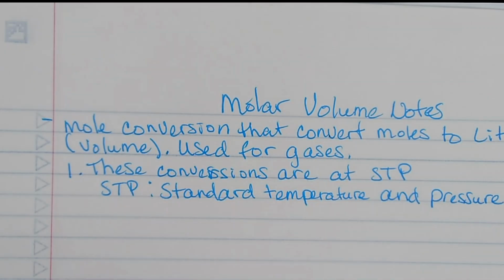When they get hotter, they change their volume. And when they have different pressures, like they're either condensed or given more space, they have a different volume, because they can move around a lot more. So when we're talking about this conversion, we're always converting at STP, which means standard temperature and pressure. And that's a defined temperature and pressure.